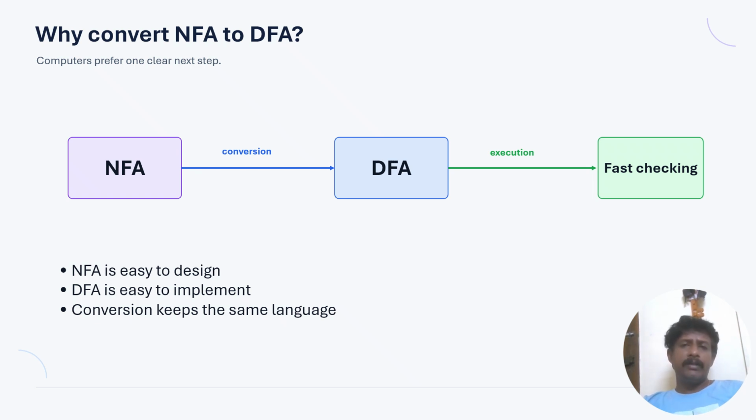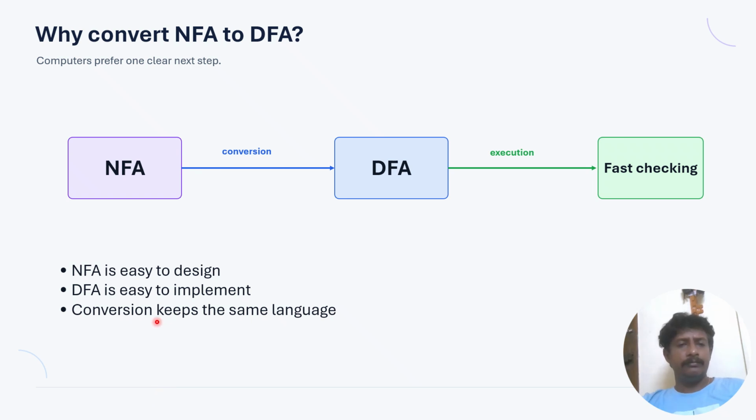A DFA gives exactly that: one clear transition for every state and input. So the common process is this: we first create an NFA because it is simple and compact, then we convert it into a DFA so that it can be executed in a straightforward way. A very important point after conversion: the language should not change.